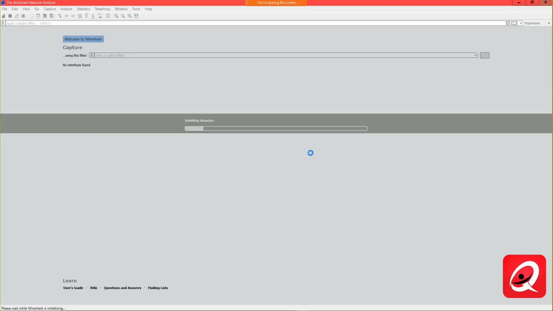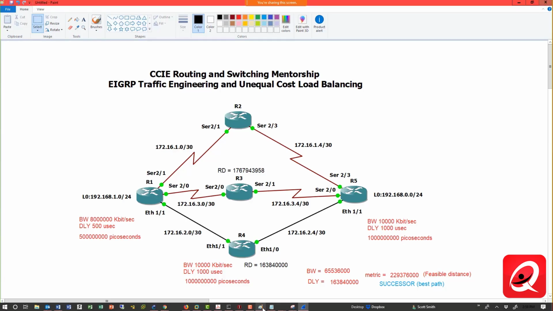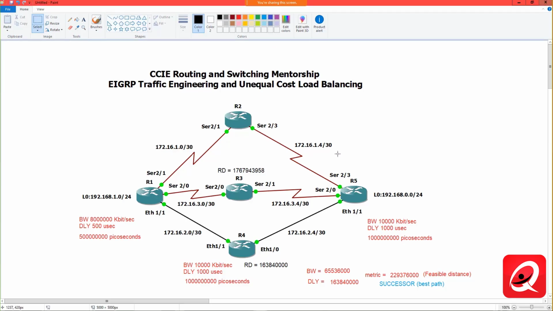Let me explain it logically first, and then we'll go through the process of doing the capture. What happens is if I don't have a feasible successor and my primary route fails, so this path went down, I did know about these other paths.